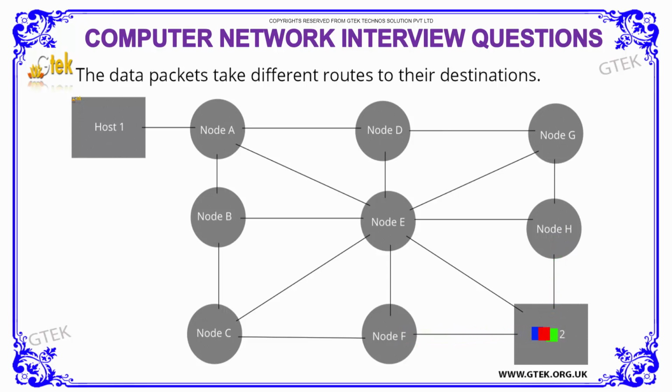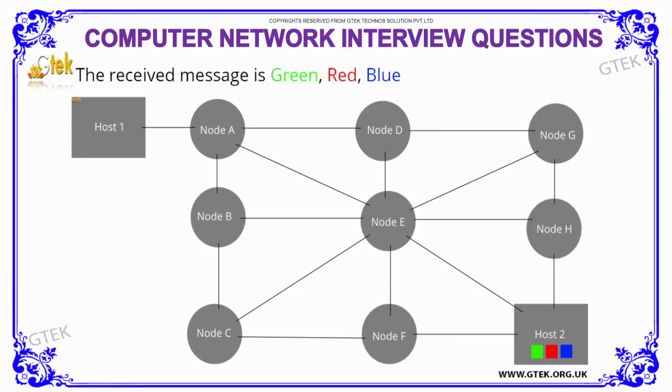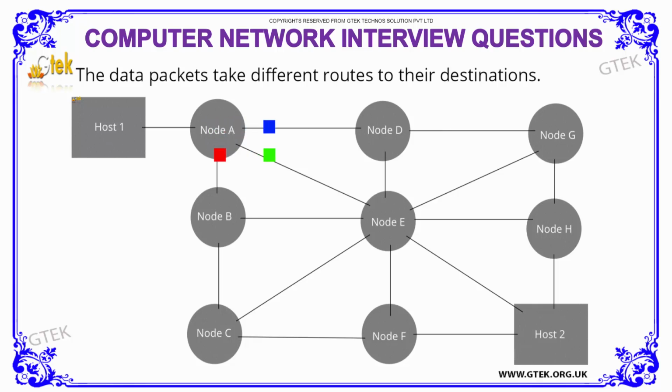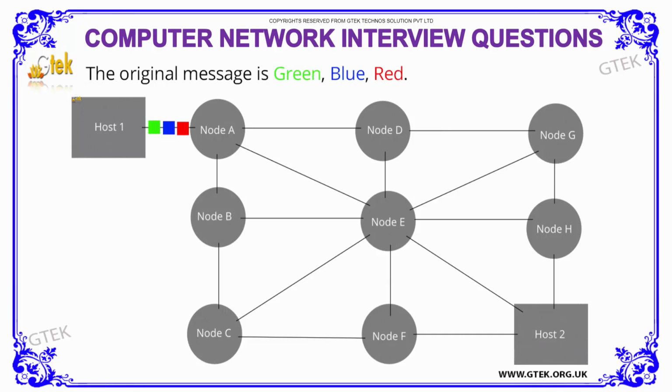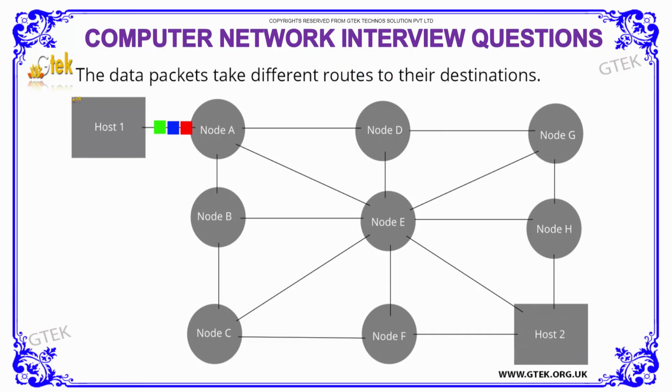And we have nodes ranging from A to H. Your host 1 has a set of data which has to be transferred to host 2. So your data can travel along different routes to reach the destination. So this is how data is transferred as packets in a network.